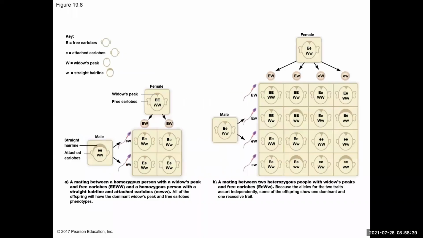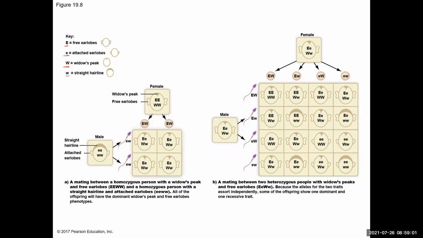And so we're going to use the earlobe and widow's peak example to show this dihybrid cross. Free earlobes, so non-attached, is dominant. Attached earlobes are recessive. Widow's peak is dominant. Straight hairline is recessive.